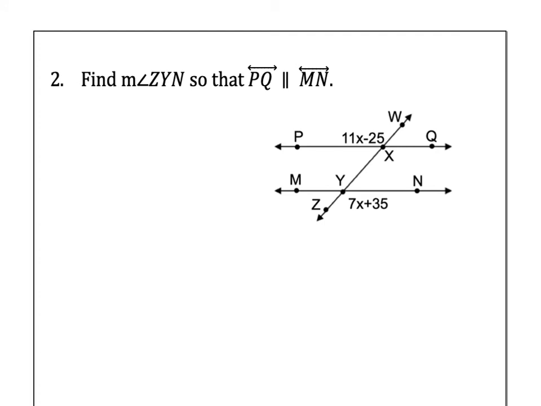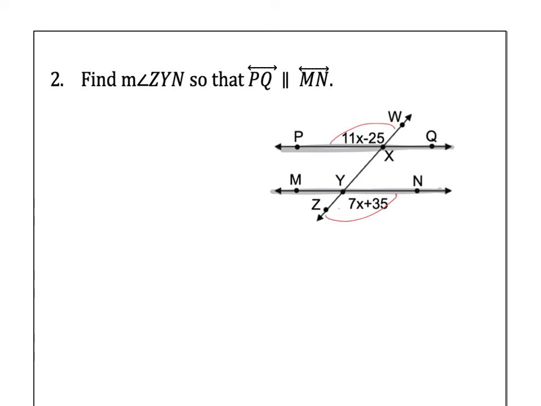Number 2, find the measure of angle ZYN. ZYN is right here. We want to find that angle measure so that line PQ and line MN are parallel. Line PQ is this one, line MN is this one. If we want those to be parallel, then we want these two alternate exterior angles to be congruent.